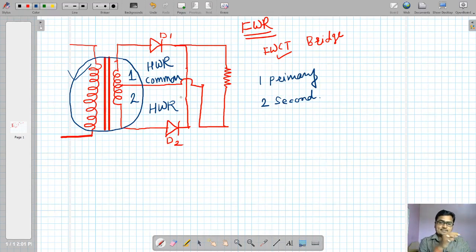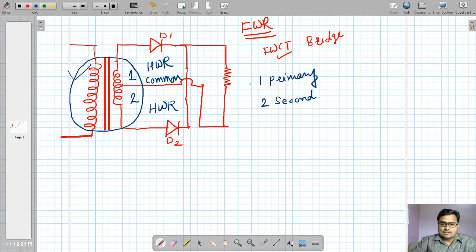Because we have a center tap transformer. Center tapping means one tap is common, taking out a tap and dividing things. I hope you understand what I want to say. Basically, it is a center tap type of transformer which divides the circuit into two half wave rectifiers. So now let's start with the operation.